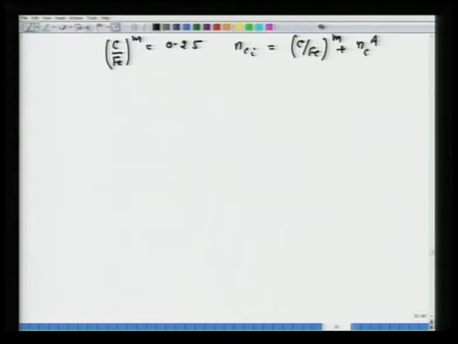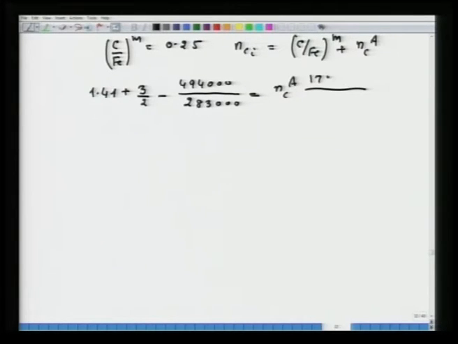So, let us substitute the value, that is 1.41 plus 3 by 2 minus the demand for iron with 5% carbon, which we already calculated, that is minus 494,000 upon 283,000, that is equal to NCA. 172,000 upon 283,000. So, from here we can calculate easily NCA, that will be equal to 1.91.